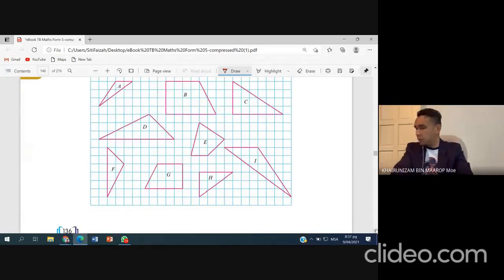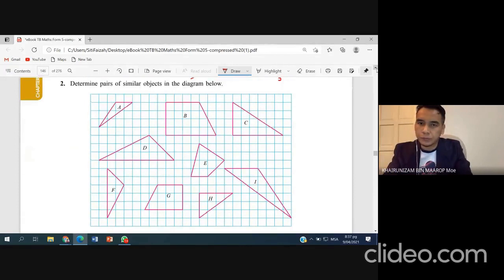Okay, number two, the pairs of similar objects. So we can determine from the grid, or the units of the box. Okay, first look at the shape. Which one is the same shape or equal shape?